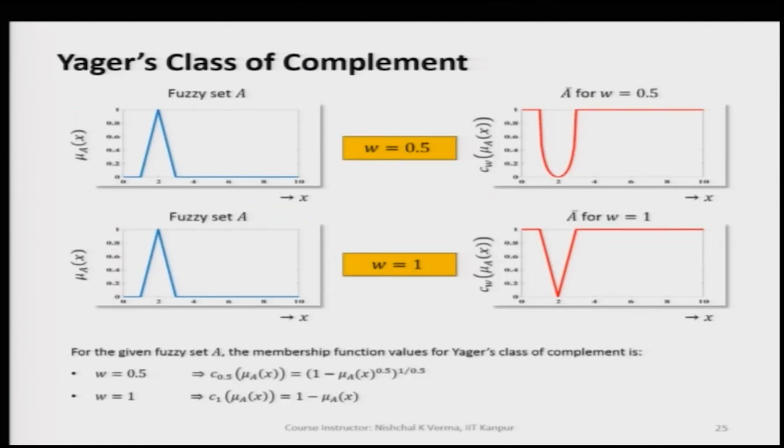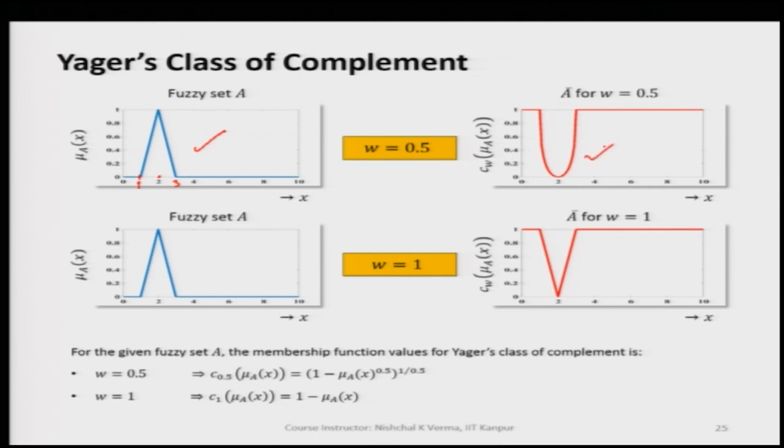So, when we have applied, we first took the fuzzy set A, which is a continuous fuzzy set, a triangular fuzzy set A, whose vertices are at 1, 2 and 3, and then when we apply W is equal to 0.5, we are getting a complement fuzzy set of A, which is like this.